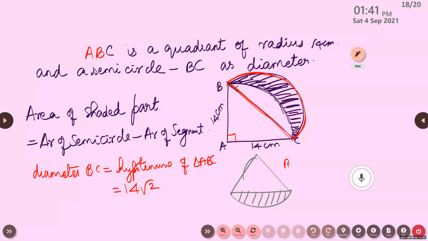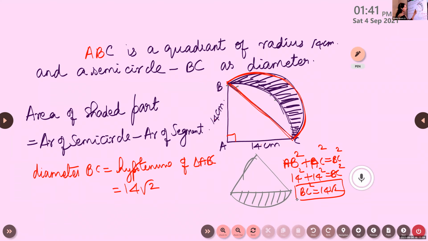Otherwise, if you don't know this, you have to do all the steps again: AB square plus AC square is equal to BC square. So 14 square plus 14 square is BC square. Therefore BC is 14 root 2. So the diameter will be 14 root 2.